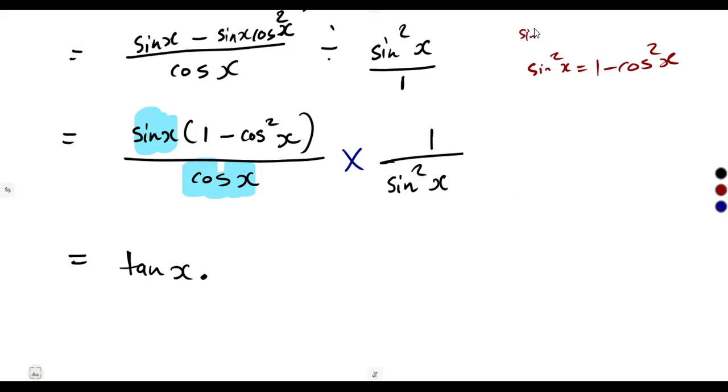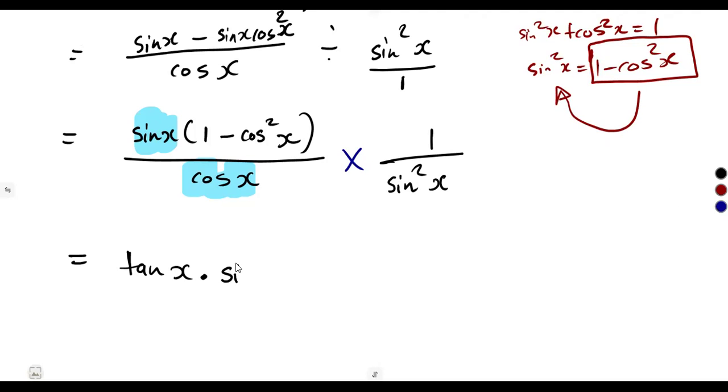From sine squared x plus cos squared x equals 1, we can make sine squared the subject. So wherever we see this 1 minus cos squared, as long as we see this, we are going to substitute it with sine squared. So that's a sine squared here. Sine squared of x times 1 over the sine squared of x.